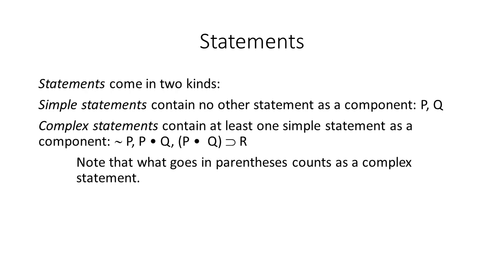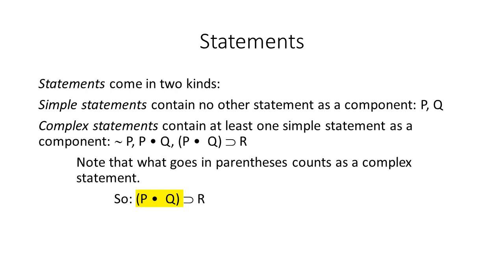One other thing to note here is that what goes in parentheses counts as a complex statement. So P and Q is itself a complex statement, and it's a component of a complex statement in this third example, if P and Q, then R. Highlighting P and Q in if P and Q, then R, it is itself a complex statement.